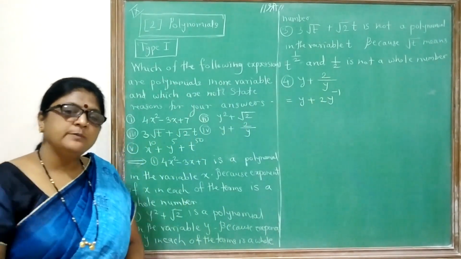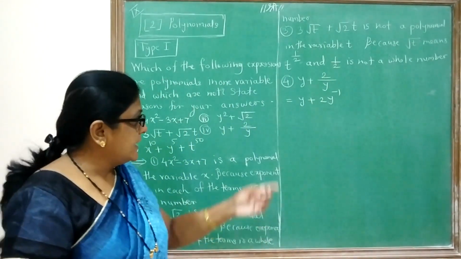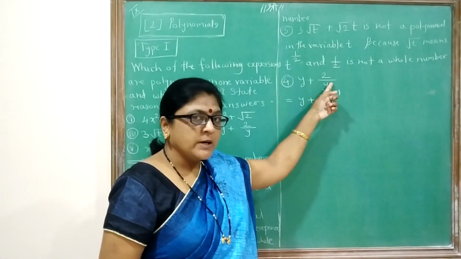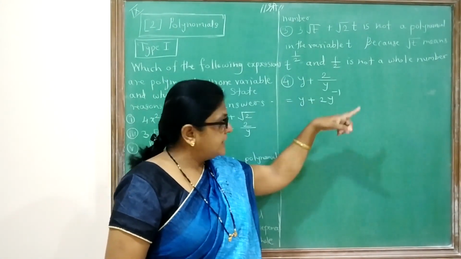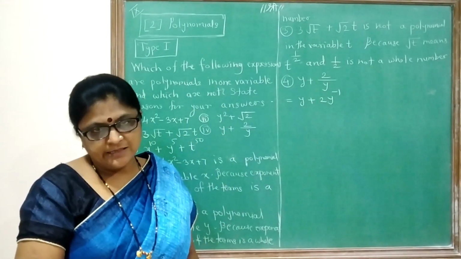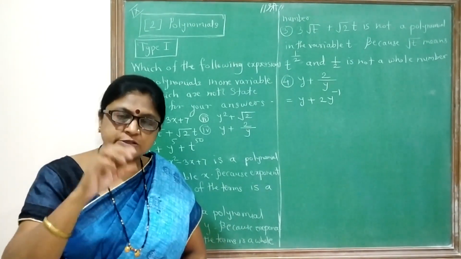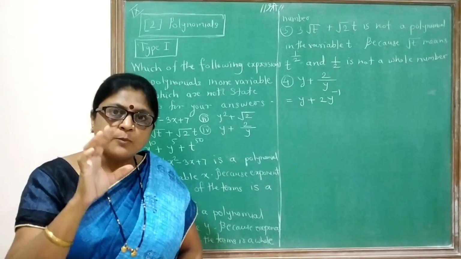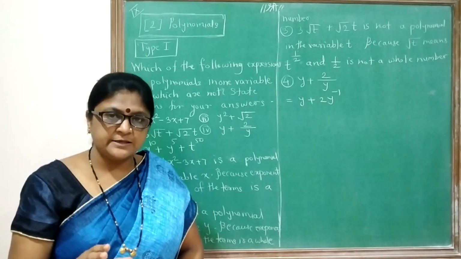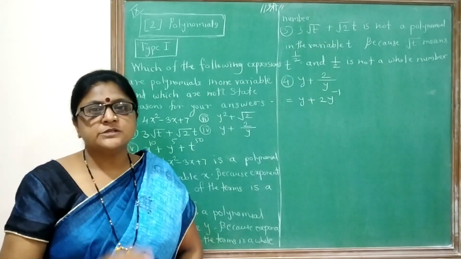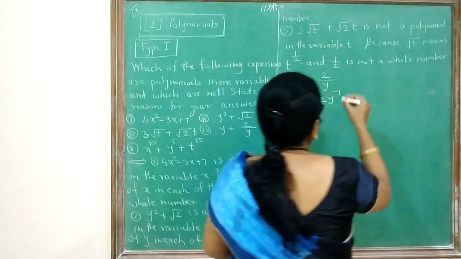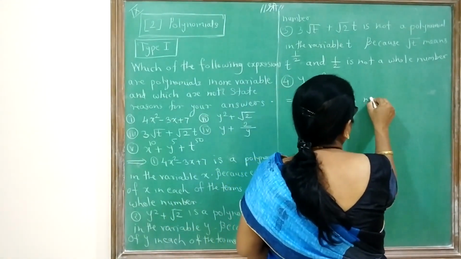The degree below was 1, and when transferred upward its degree is minus 1. Is minus 1 a whole number? No, minus 1 is not a whole number, because whole numbers start from 0 and are all non-negative.